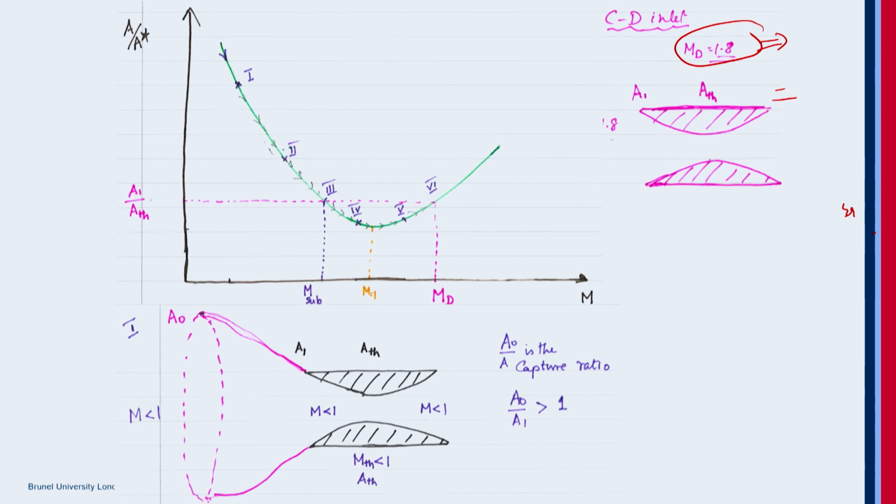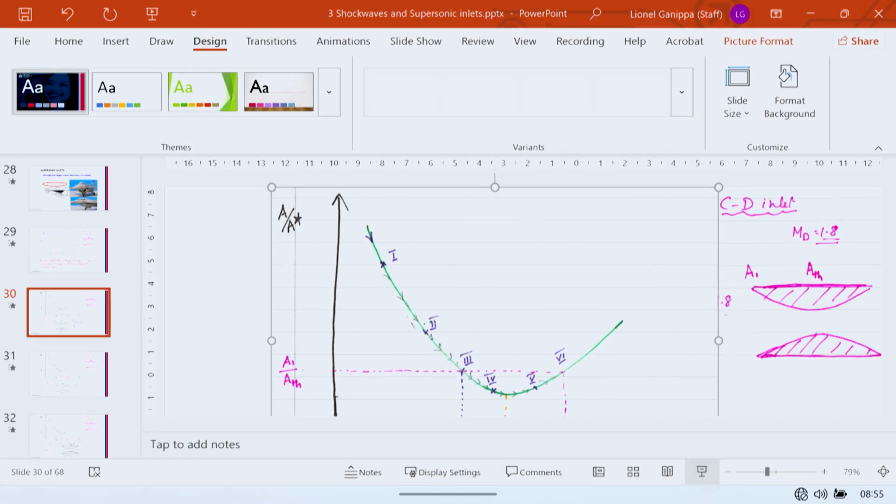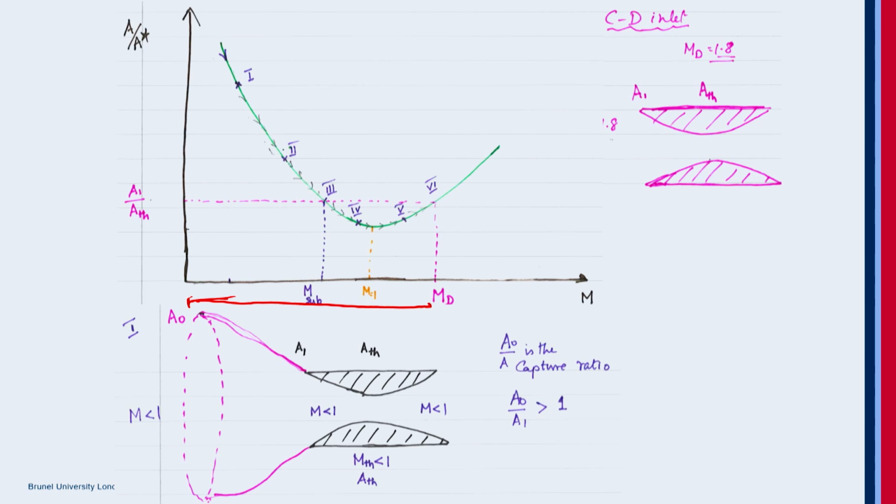So if I have to start from rest, I have to start somewhere here. This is Mach number minimum. I'm going to start all the way from rest, go all the way from here to here, and then march in this direction. That's what I have to do.